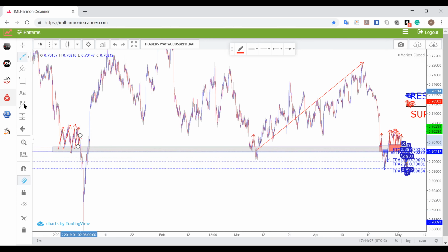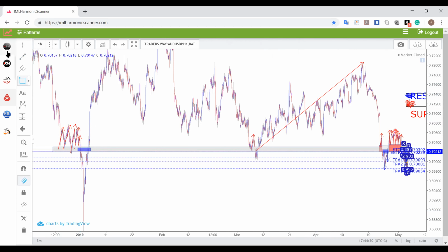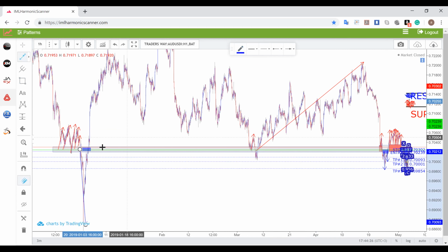Check this out. We have resistance inside there now, right? And price went down twice. I'll just draw one arrow there, right?